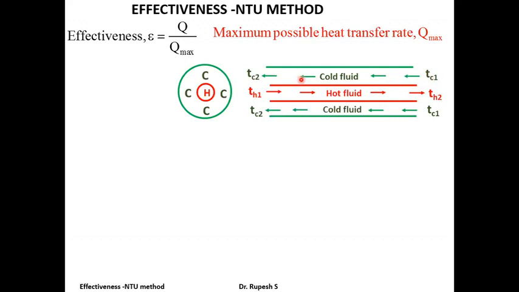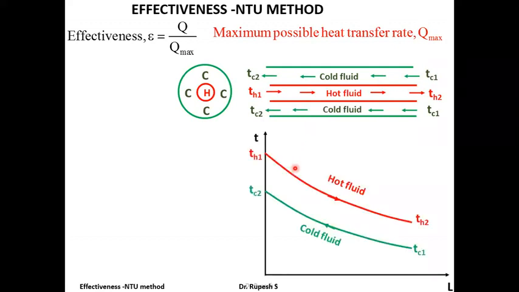Now, if we plot the temperature change of the fluid along the length of the heat exchanger, we can see that temperature of the hot fluid decreases from Th1 to Th2 in the direction of flow, and consequently the temperature of cold fluid increases from Tc1 to Tc2 in the opposite direction.